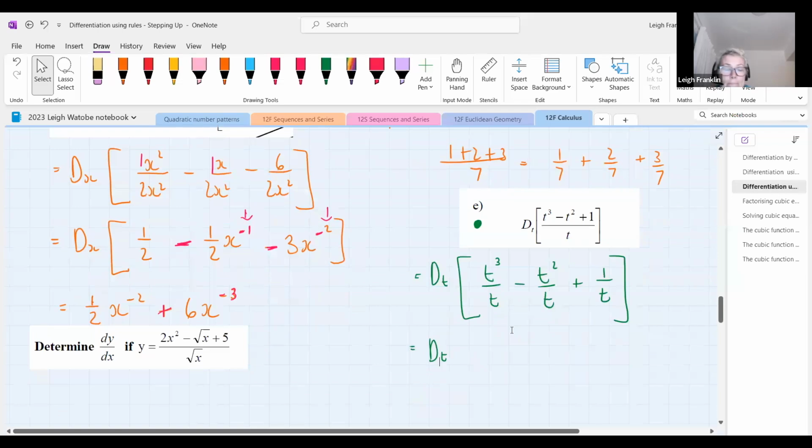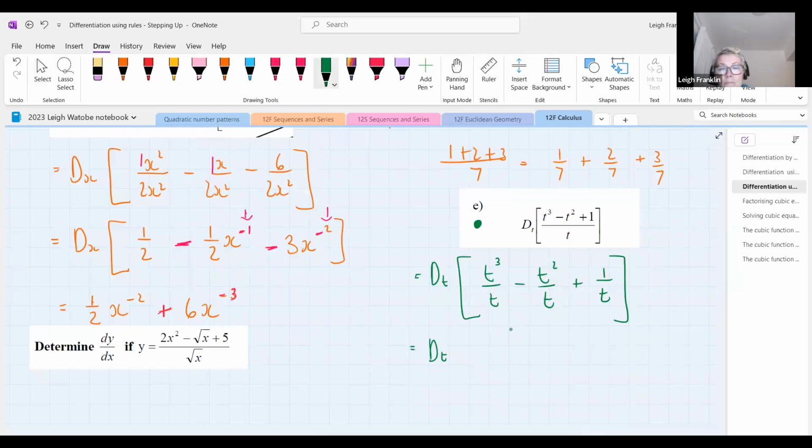Then I open a bracket and say T squared minus T plus T to the power of negative 1. Good. Well done. Very nice.